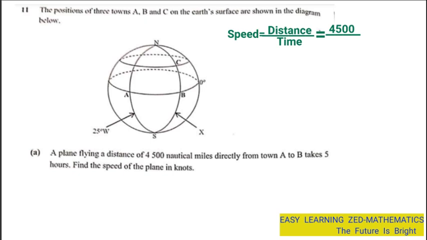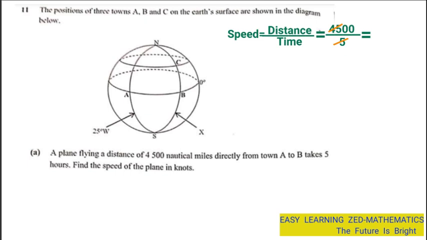It took 5 hours, so I'm going to divide that. Dividing 5 by 5 means it cancels itself. For 4,500, I'm going to ignore the zeros first and concentrate on 45. 5 into 4 can't, so we bring it to 45. 5 into 45 goes 9 times.